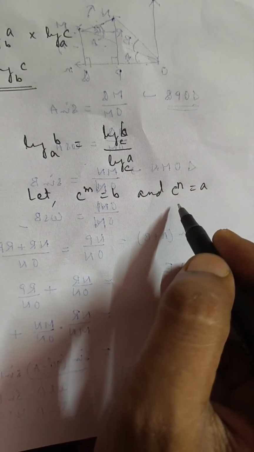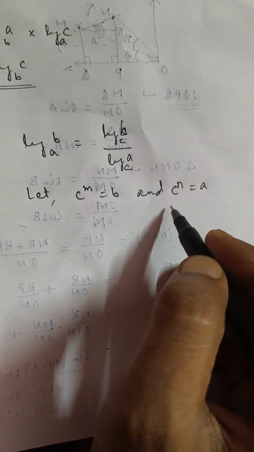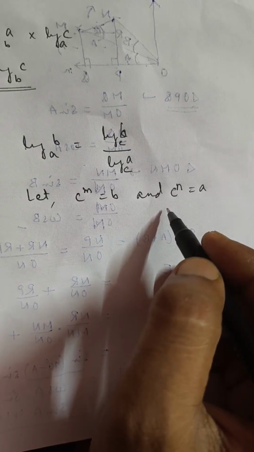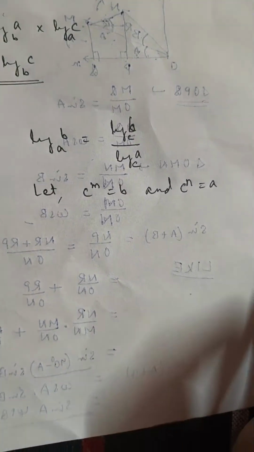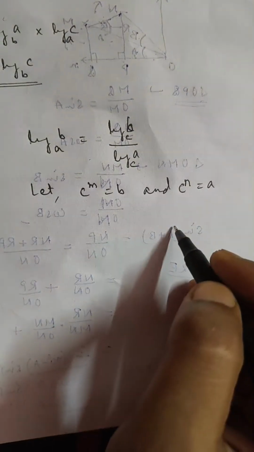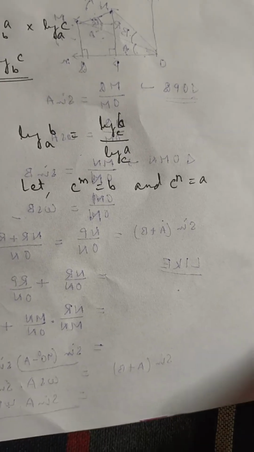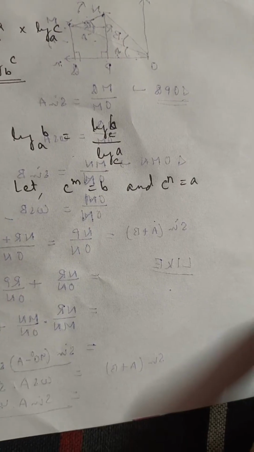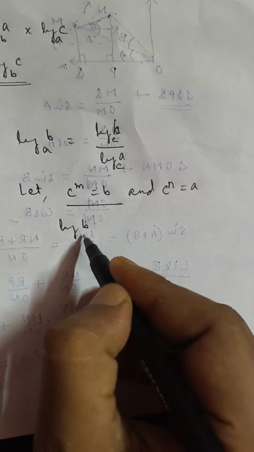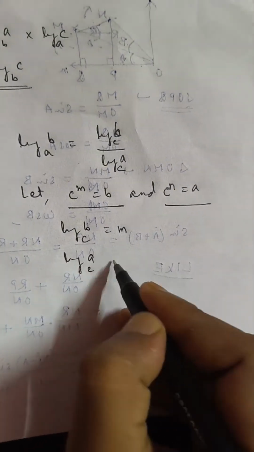Now from this we will get log of b base c equal to m, and from this we will get log of a base c equal to n.